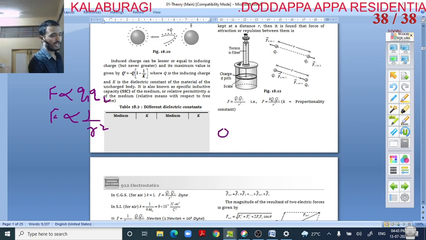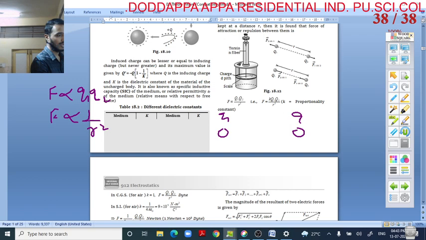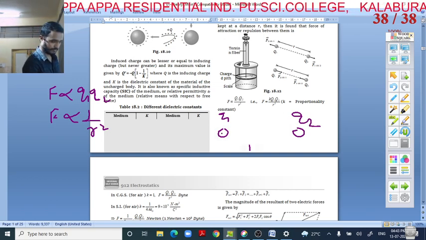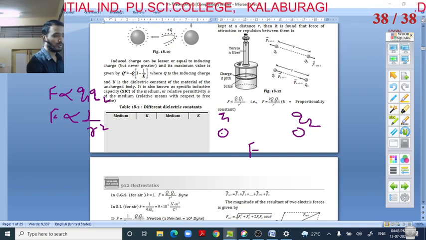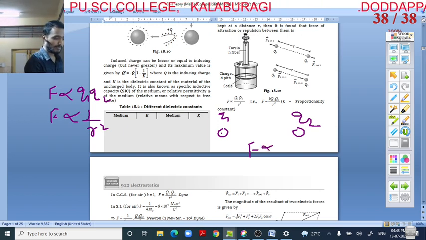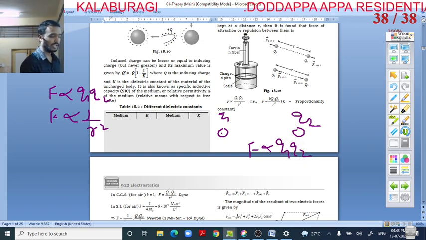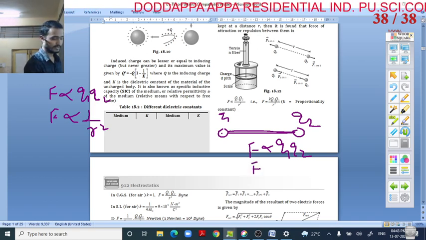If there are two charges here, let us assume charges Q1, Q2. The force of attraction or repulsion between these two charges is directly proportional to the magnitude of the charges and inversely proportional to the square of the distance.